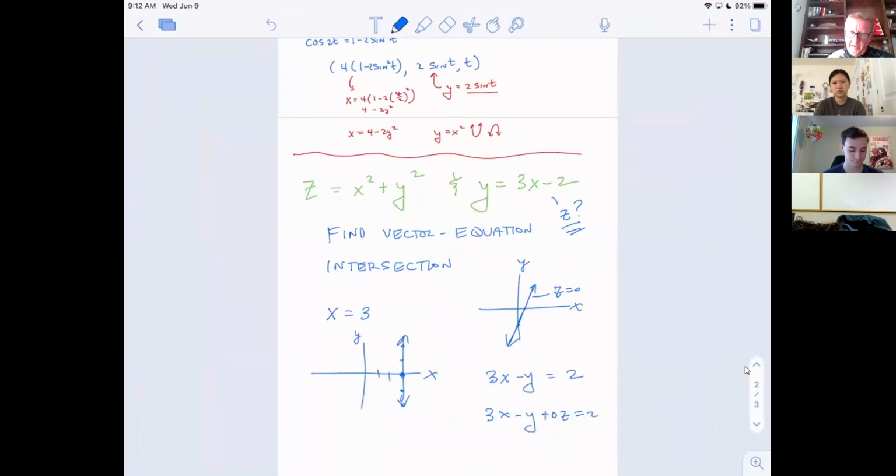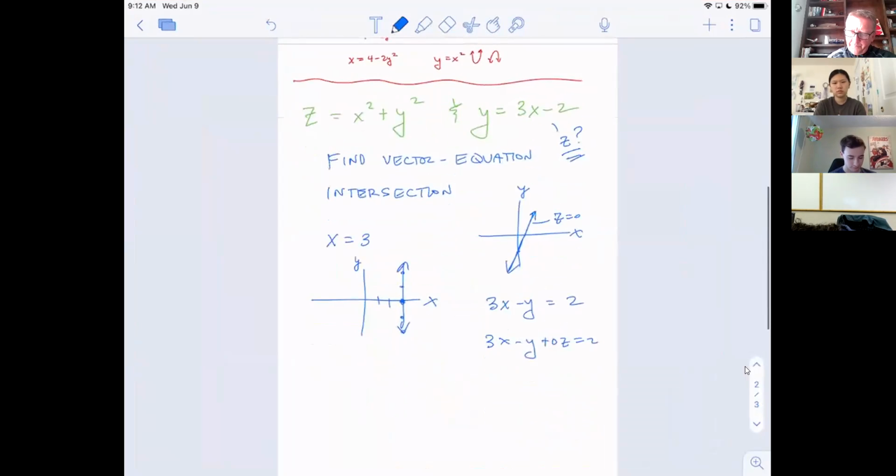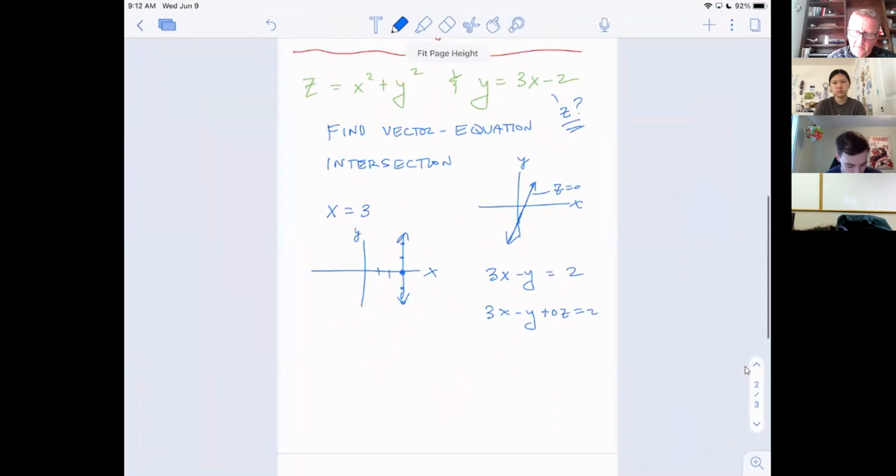Well, how am I going to do that? So this thing is actually a plane in 3D. Well, we have our description right here. We have everything we need. Notice we have what z is equal to in terms of x and y. And then we have what y is equal to in terms of x.